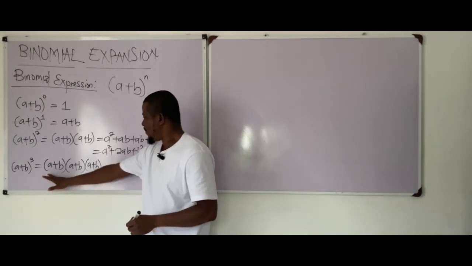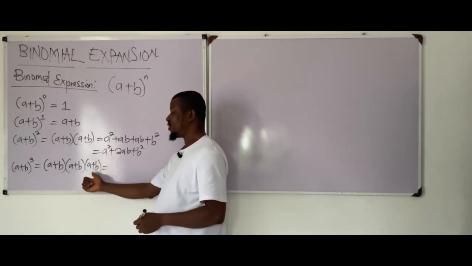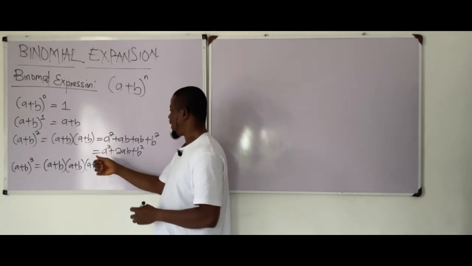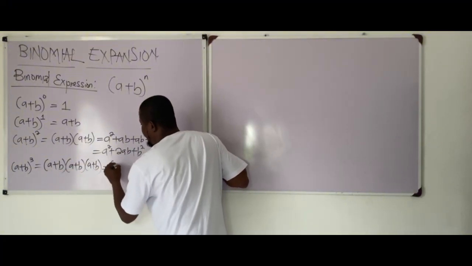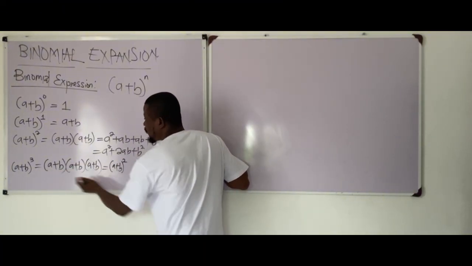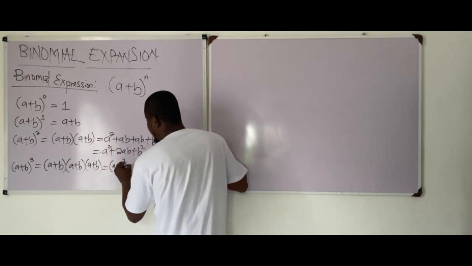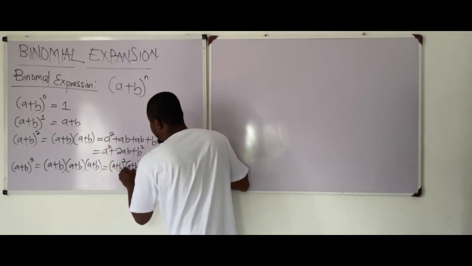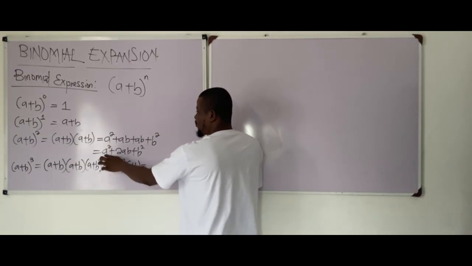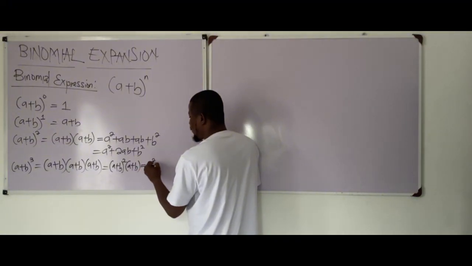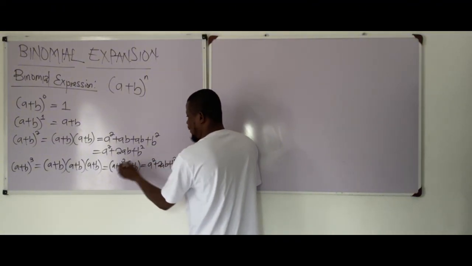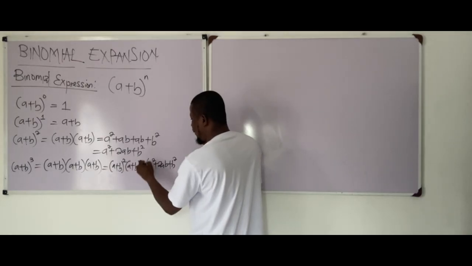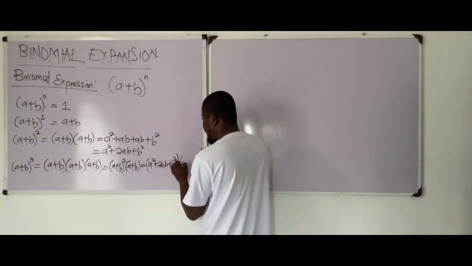We can first combine two of them, which we already know is (a + b)^2, and then expand with the remaining a + b. Already this expansion has given us a squared plus 2ab plus b squared, so we expand it against a + b.